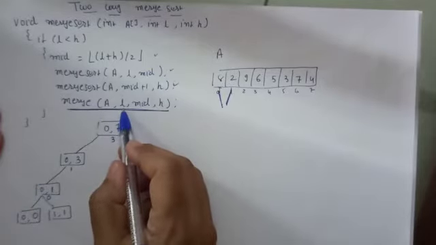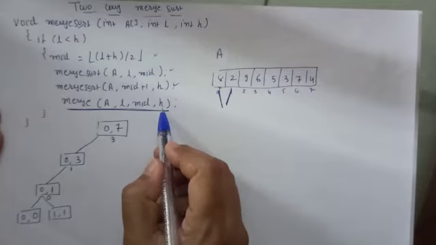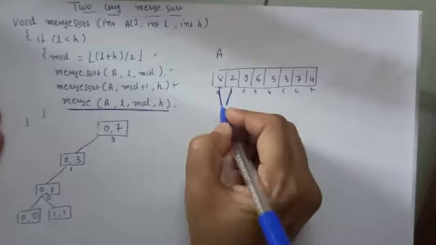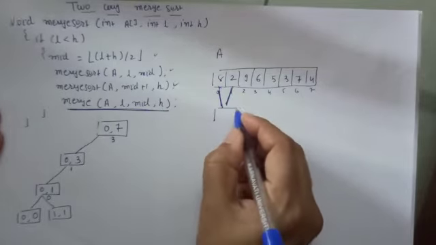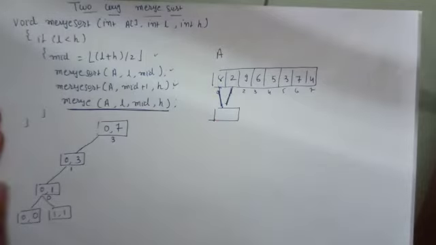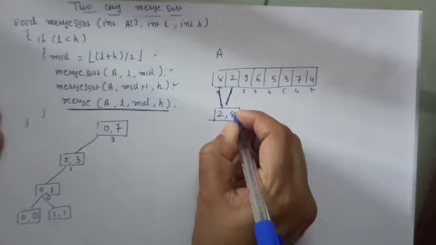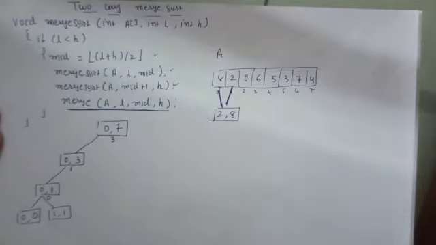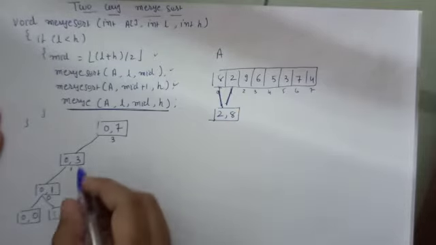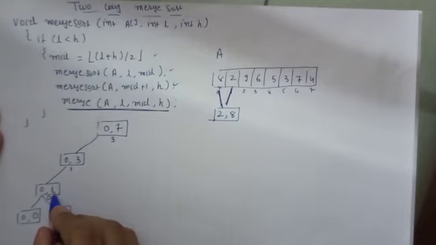For this, lower is 0, mid is 0 and high is 1. We perform merging on these two elements, and that merging procedure we have already discussed, which gives us 2 and 8.